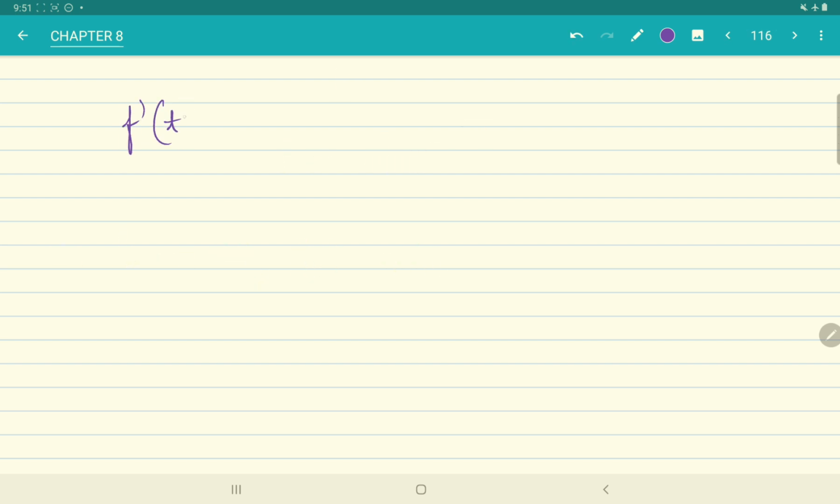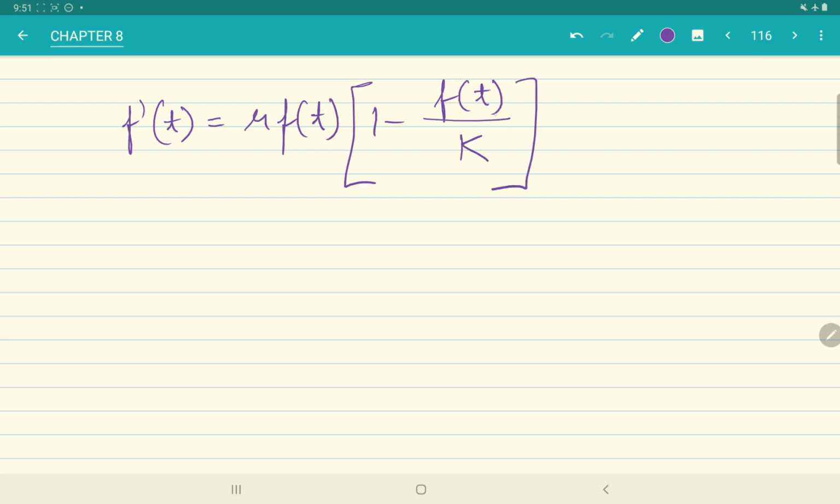f prime t is equal to r f of t times (1 minus f of t by k). If f of t is more than k, that means f of t by k is greater than 1. And if that is the case, this expression will be less than 0.